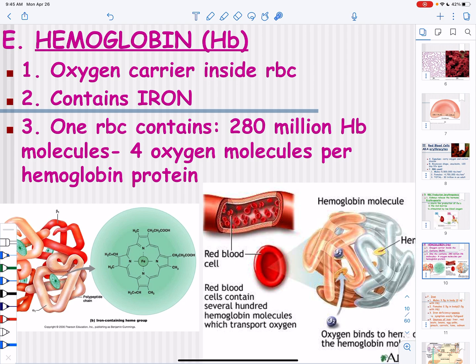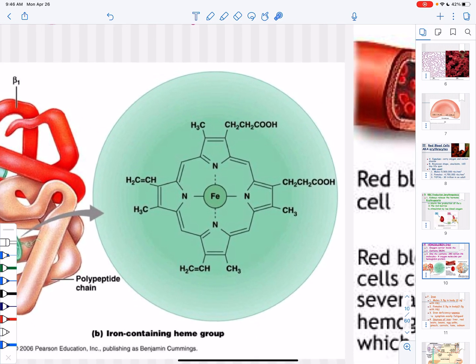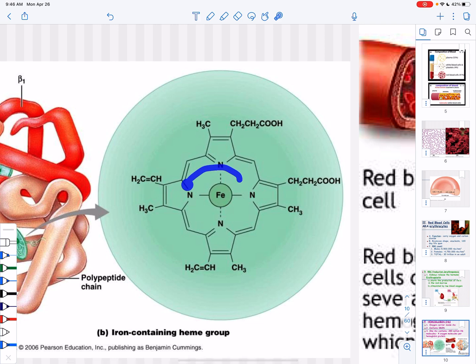Well, the tires transfer the energy from the engine to the road. So when we talk about the job of the hemoglobin, it is going to be the oxygen carrier inside the red blood cell. And if I look at this chemical right here, hopefully you remember Fe is that iron, and then lots of hydrogen and carbon out here.